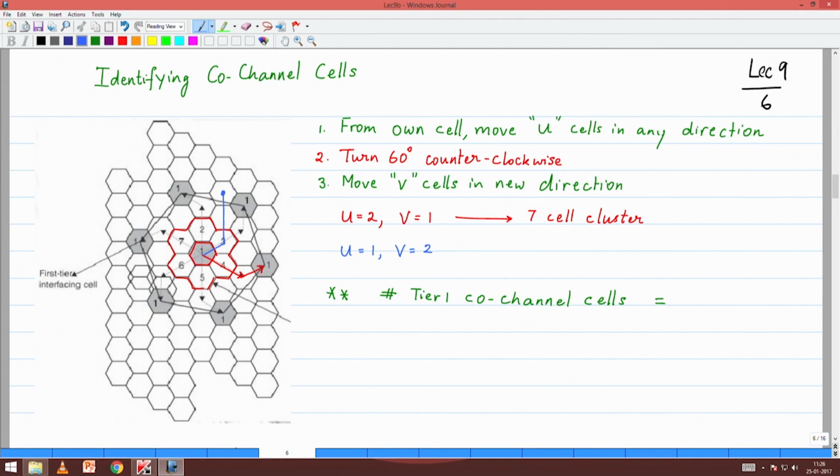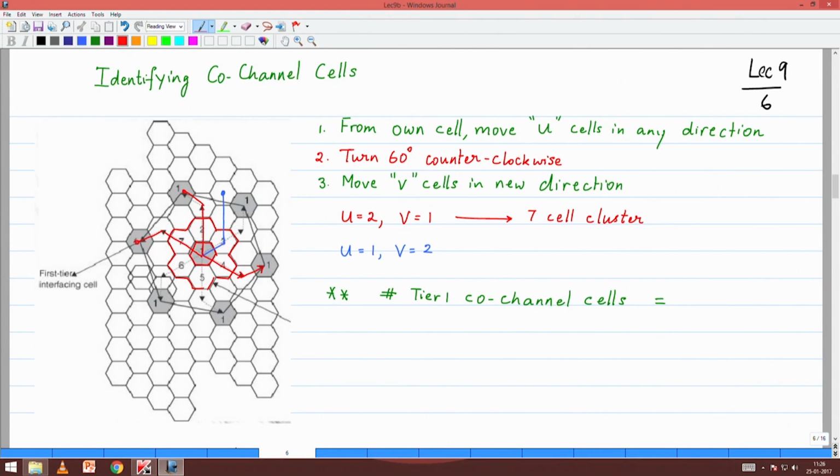So, we did the red one from this side; if you do the red one from the next side, let us do that. Red one from here, move 2 units, counterclockwise 60 degrees, that gives me this center. Then likewise from the other side, 2 units, counterclockwise 60 degrees. So, you can see that basically like a wheel, you get all the locations.